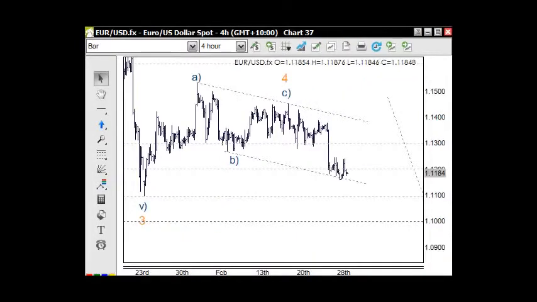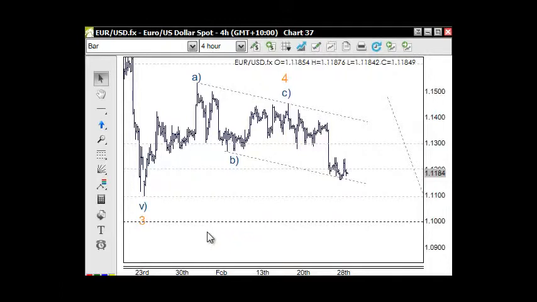The euro US dollar. Once again, I haven't labelled this as a triangle here, and it's certainly possible to do that as well. I just want to keep it simple for the time being, but the main point is we've always known that this is a corrective pattern because of this particular structure here being 3 waves. Whatever happens over here is part of that corrective pattern.